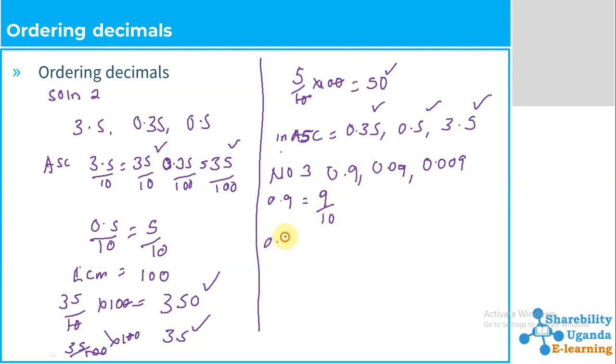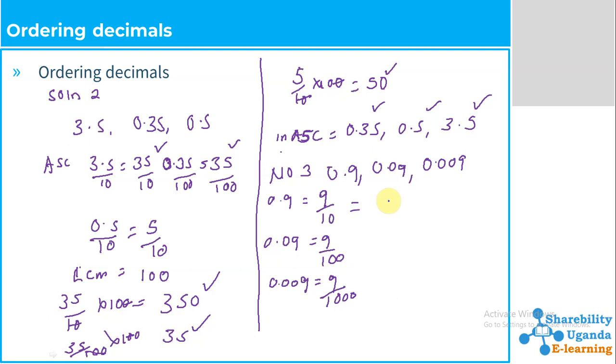Then 0.09 is the same as 9 out of 100. Then 0.009 is equal to 9 out of 1,000.